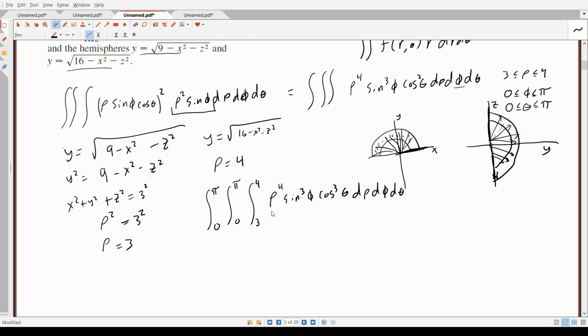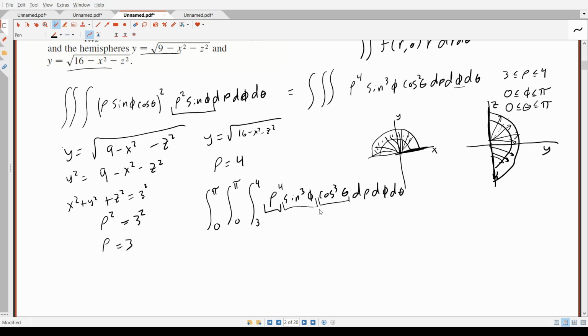Notice here that this is a separable function, meaning that it's a product of terms involving rho, terms involving phi, and terms involving theta, right? They're all multiplied together. I don't have an addition of any of these terms. So what I'm going to do is first factor out sine cubed phi cosine cubed theta, right?